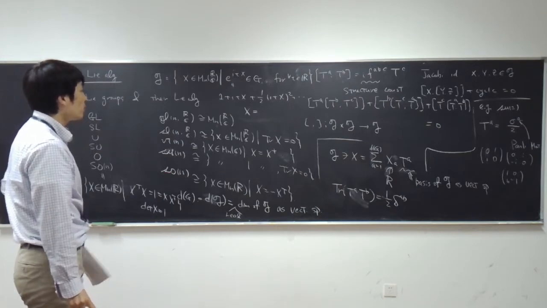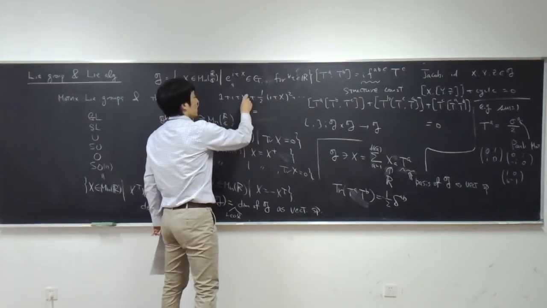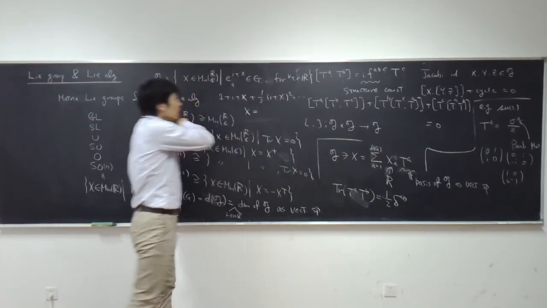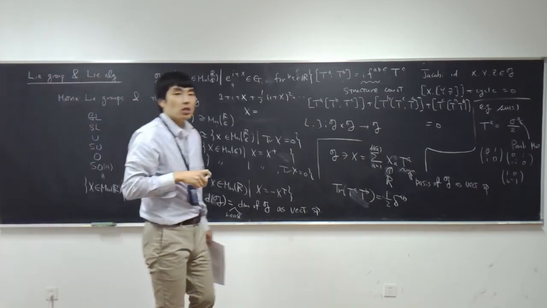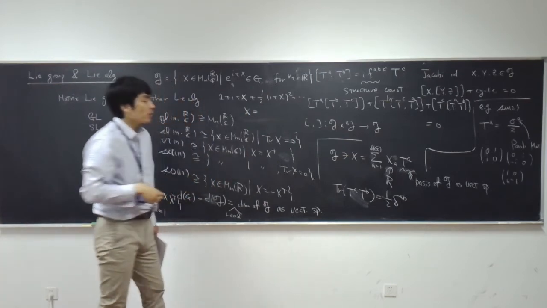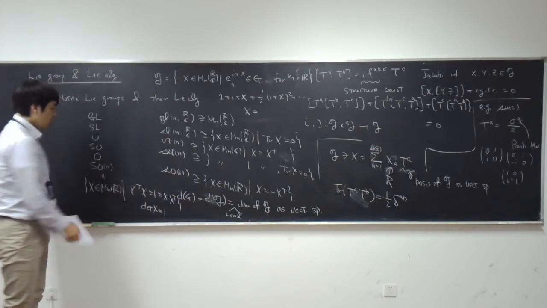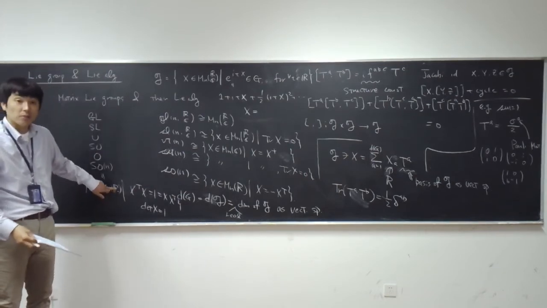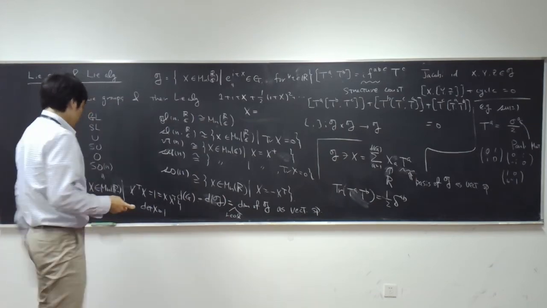Here, the generator of the SO should take the pure imaginary. The entry of X should take the pure imaginary one. Otherwise, this condition is no longer satisfied. Yeah. So thanks for the asking.